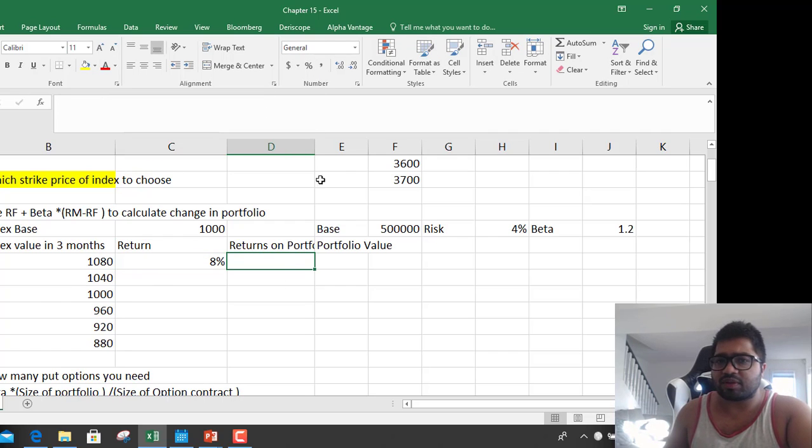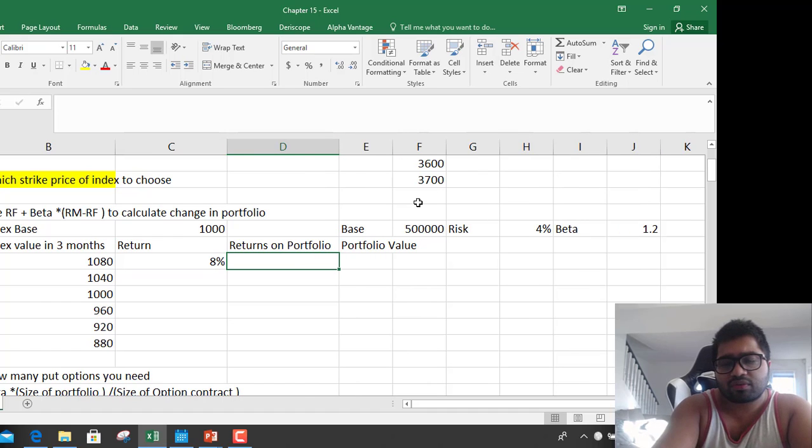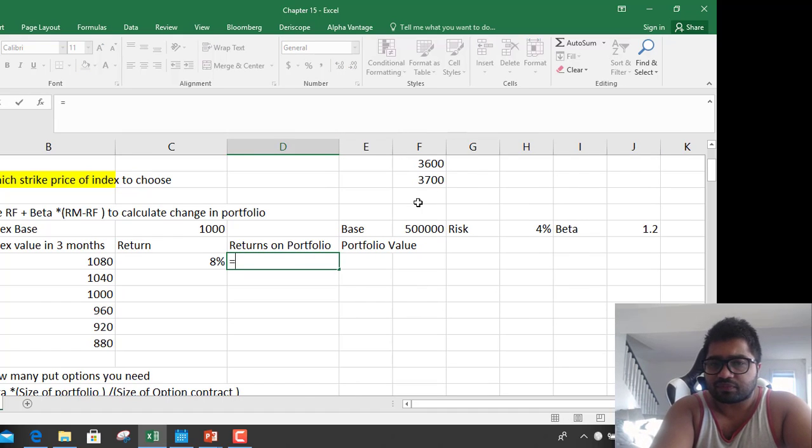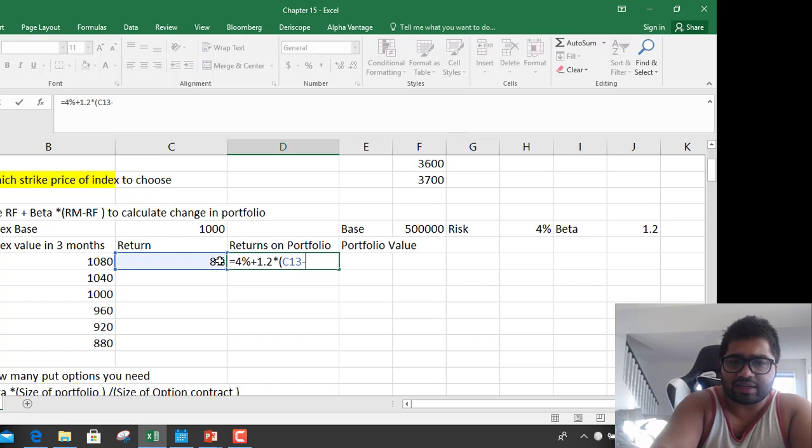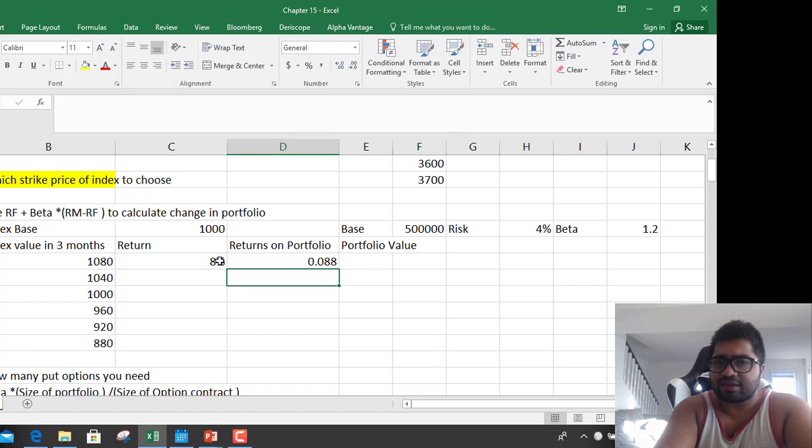So how much will the portfolio go up or go down? It will be the 4% risk-free rate, plus beta 1.2 times return on market, that is 8% we calculated, minus the risk-free rate 4%. So if the market, that is the index, goes up by 8%, the portfolio will go up by 8.8%.